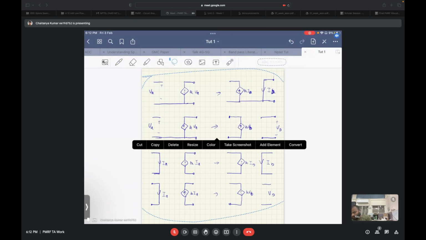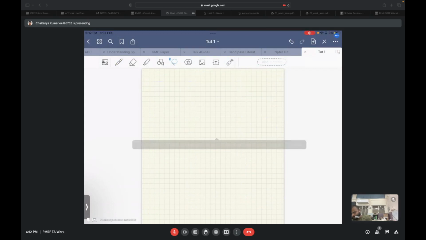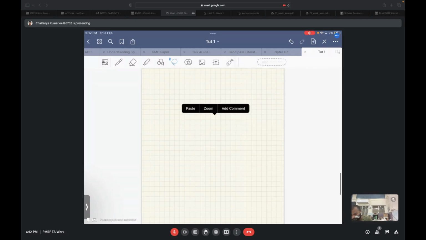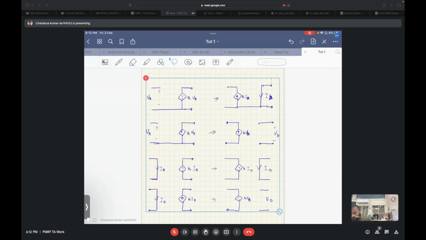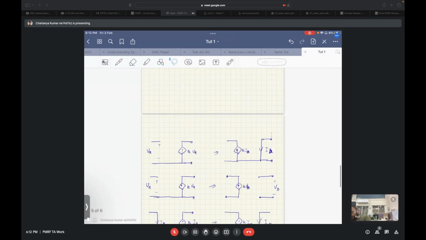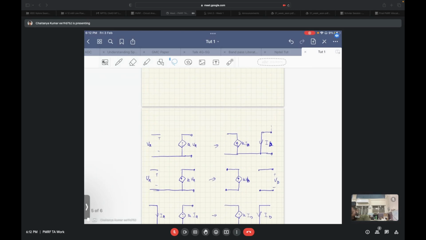This is a chart that one can follow. These are the transformations of controlled sources.